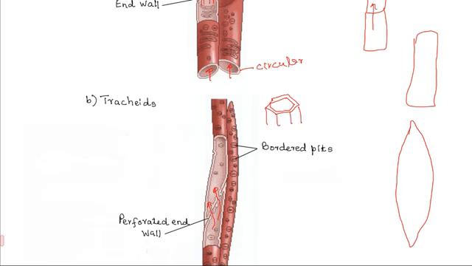So those are the very distinct structural differences between the tracheids and the vessels. However, they both make up the xylem element, and they're found in flowering plants. That is, both the vessel elements and the tracheid elements are present in flowering plants, making up the xylem tissue.